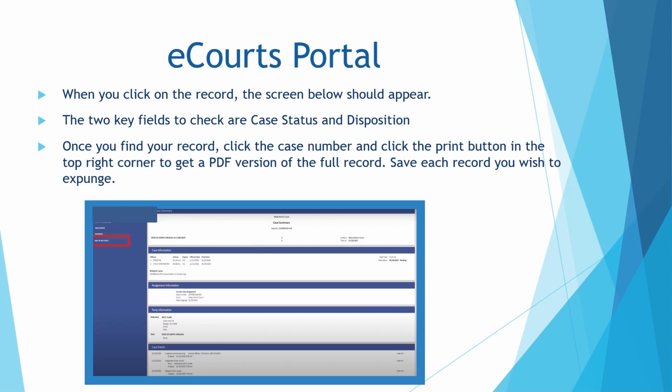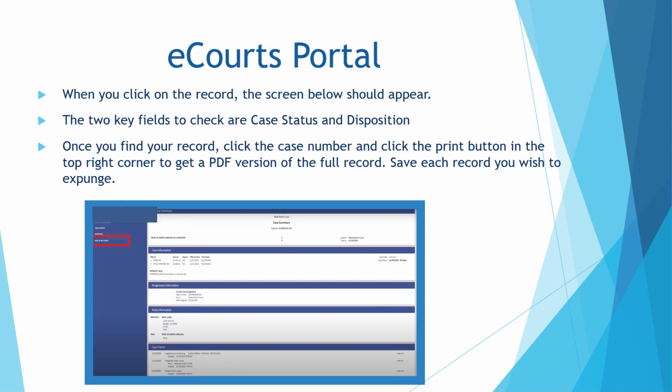We can't really see it on this screen, but down in that case events, if the case is over, there's going to be a line that says disposition. That's going to be important in determining how the case ended, right? Was it dismissed? Was there a trial? Were you found guilty? Were you found not guilty? That's all going to be in that line.